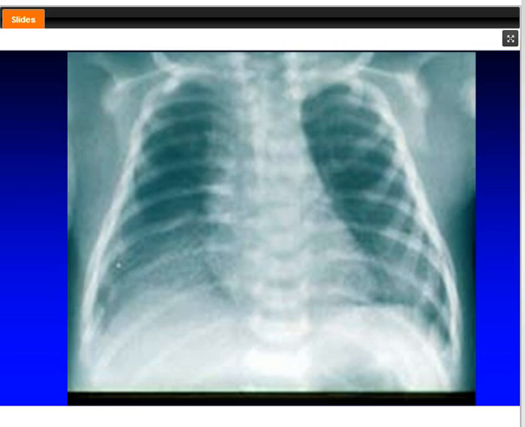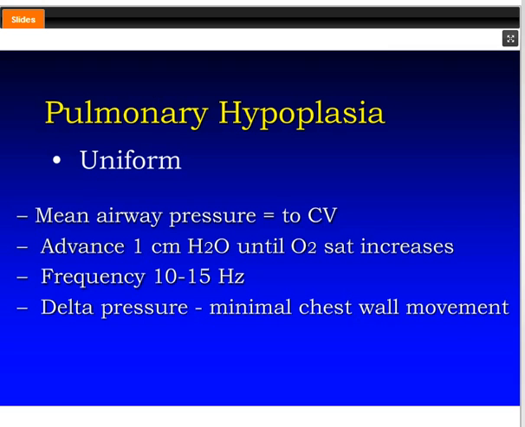Well, the next one is pulmonary hypoplasia, which comes in several forms. One form we would call uniform, which means that both sides are pretty equivalent. Again, you would start with a mean airway pressure that's equal to your conventional ventilator. You would advance 1 centimeter of water until you see an improvement in oxygenation.